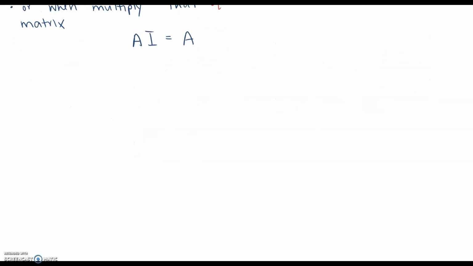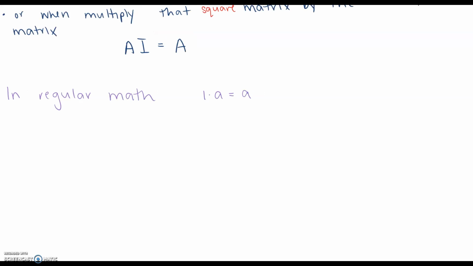So let's go back in time to Algebra 1. In regular math, A times 1 or 1 times A gives you A. We also know that 1 over A times A equals 1.